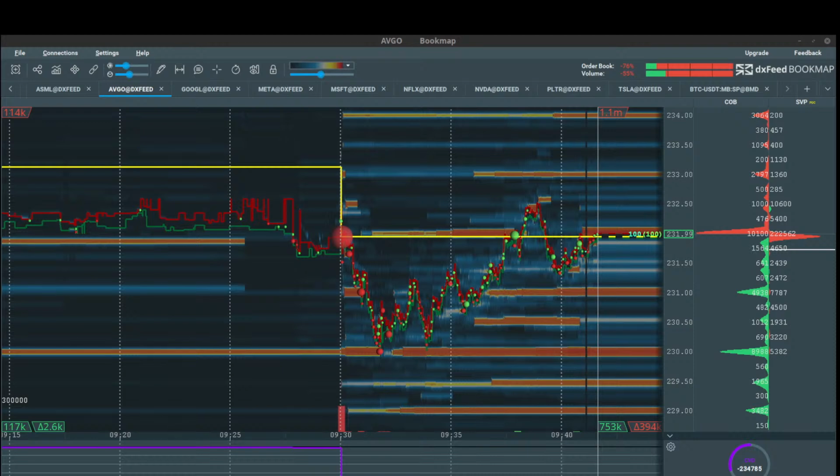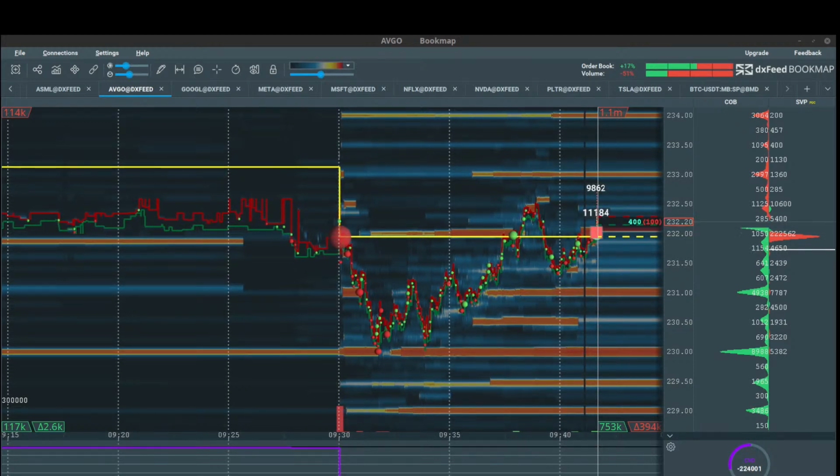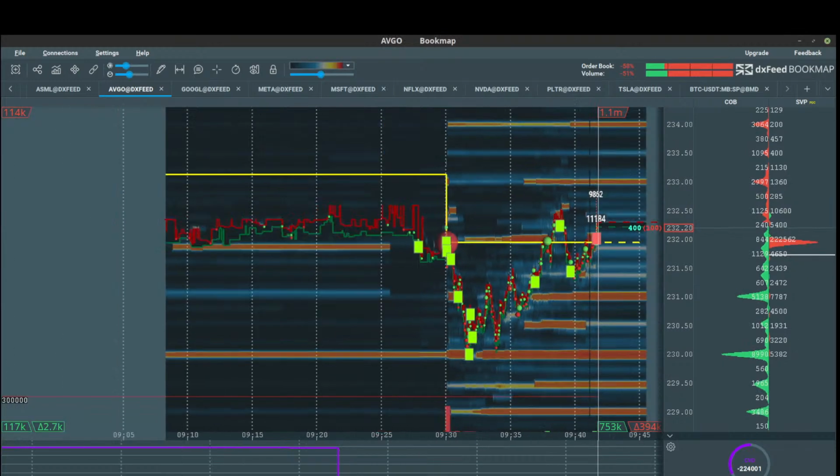All right, we have a request for S&P 500. We'll look at that in just a moment. I'm going to give this chart just a moment. Yep, it's done its backfill.